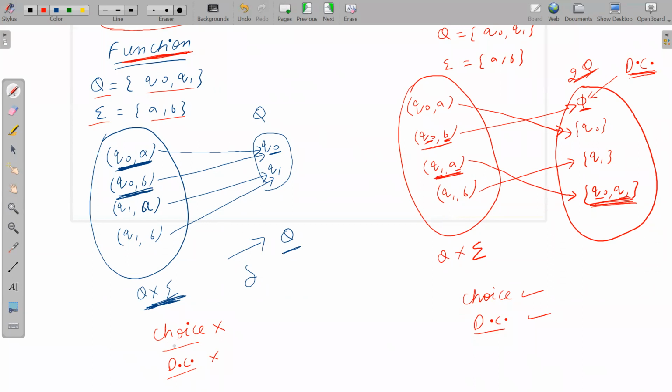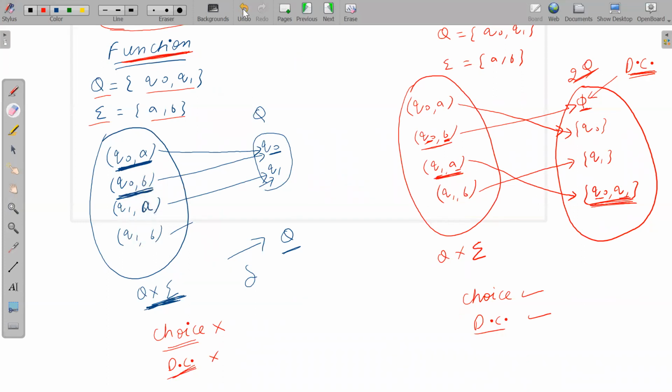So choice is not allowed and there is no dead configuration. Dead configuration means what? In case of DFA, if we had a dead configuration, then I could say leave this q1 comma b part. But we cannot leave any element in Q cross sigma because it's a function. So we have to give mapping for each and every element in Q cross sigma.